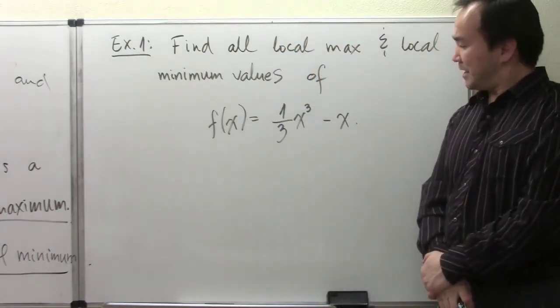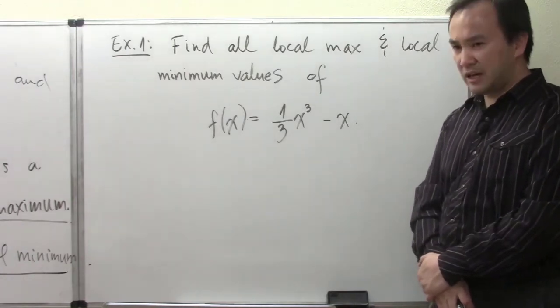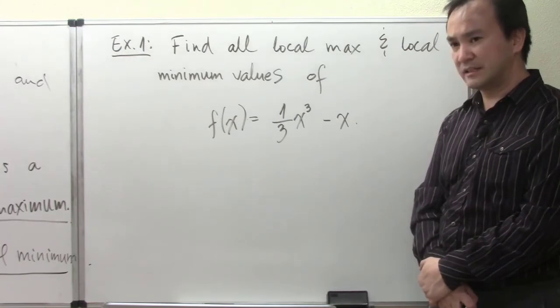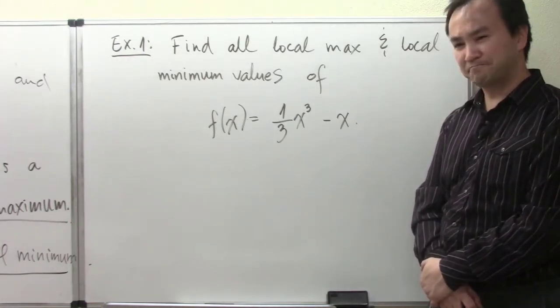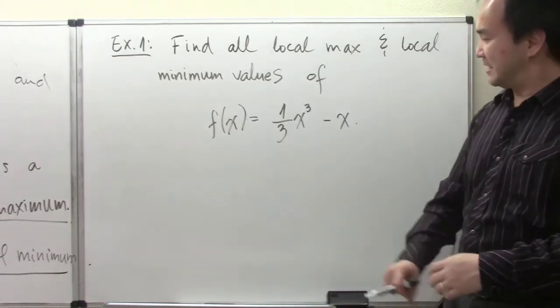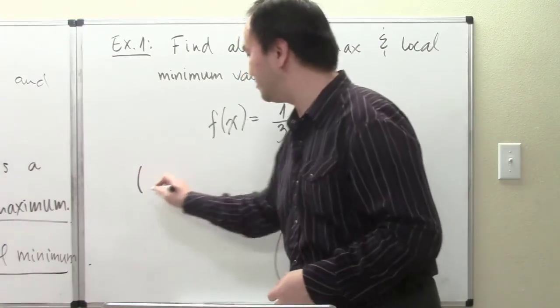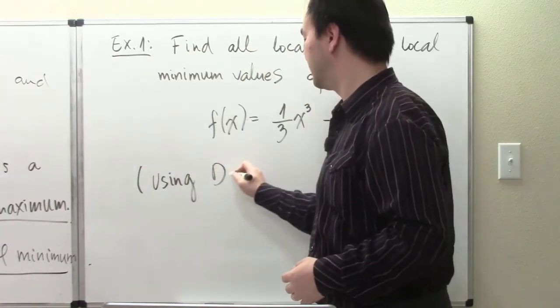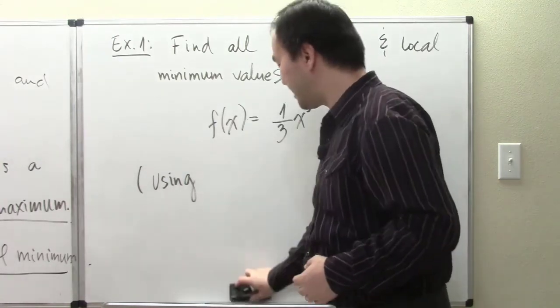At this point, once I end the instruction of our example here, anyone viewing my video lesson may feel like I'm bringing back the old kind of problem. But no, I have my own intention. My intention here is using the second derivative test.